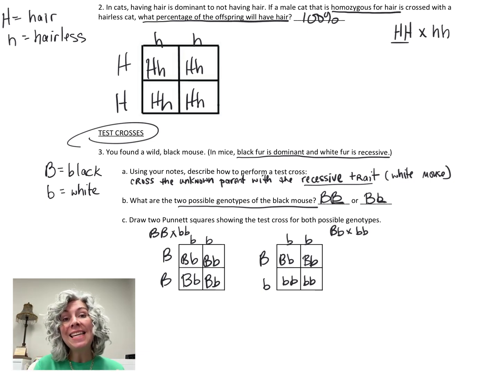And if we see the recessive trait expressed in the offspring, then that means the parent has to be a carrier. The parent has to be heterozygous. If we don't see the recessive trait expressed, and every one of the offspring still expresses the dominant, then statistically speaking, the likelihood is that that parent is homozygous or a purebred, a true bred of that particular trait. And in this case, it would be the black fur versus the white fur.